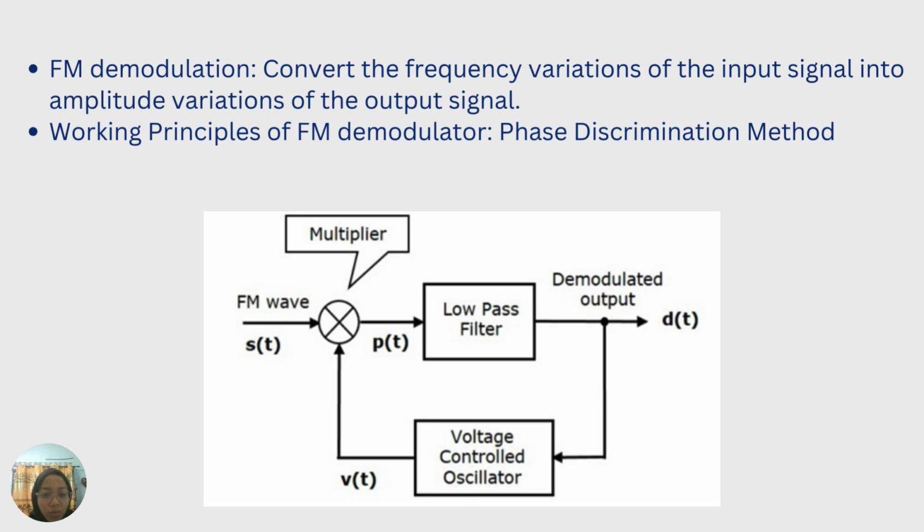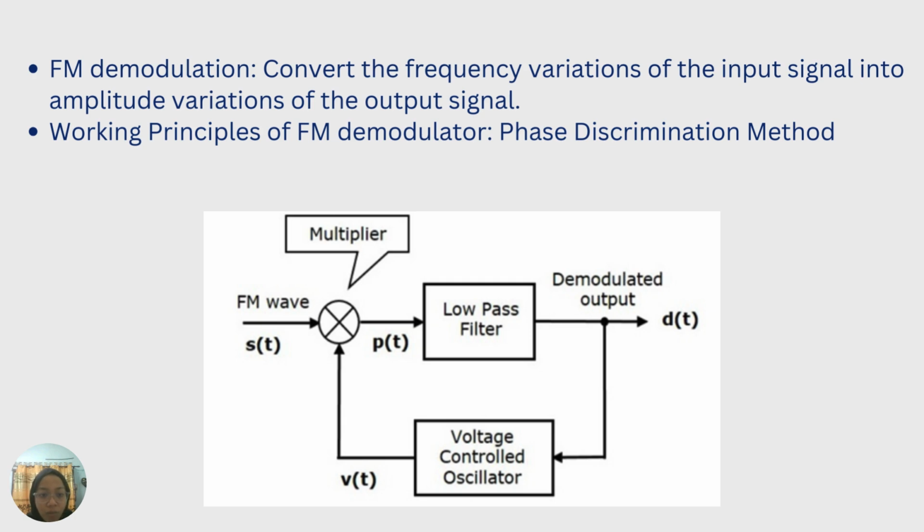The VCO produces an output signal whose frequency is proportional to the input voltage signal. Initially, when the magnitude of the signal is 0, the VCO must be made to produce an output signal having a carrier frequency and a phase shift of negative 90 degrees about the carrier signal.